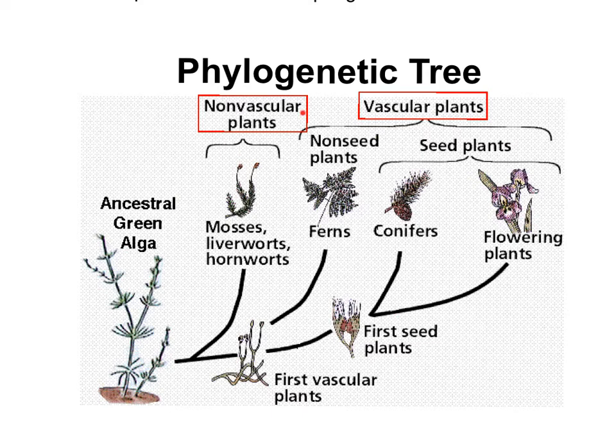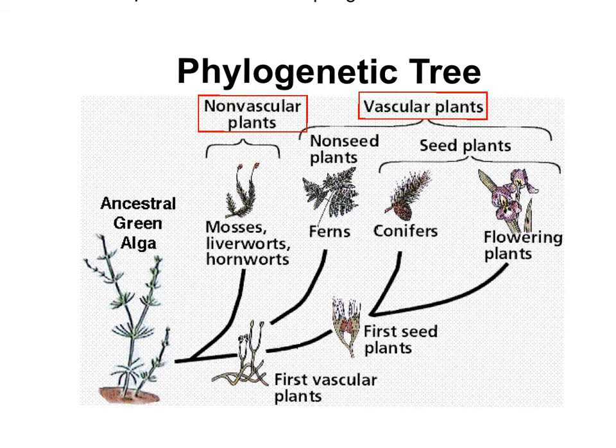Generally, there are those that are non-vascular and there are those that are vascular. For now, we need to describe the word vascular. Vascular, or vascularization, is basically the transport system of the plant.